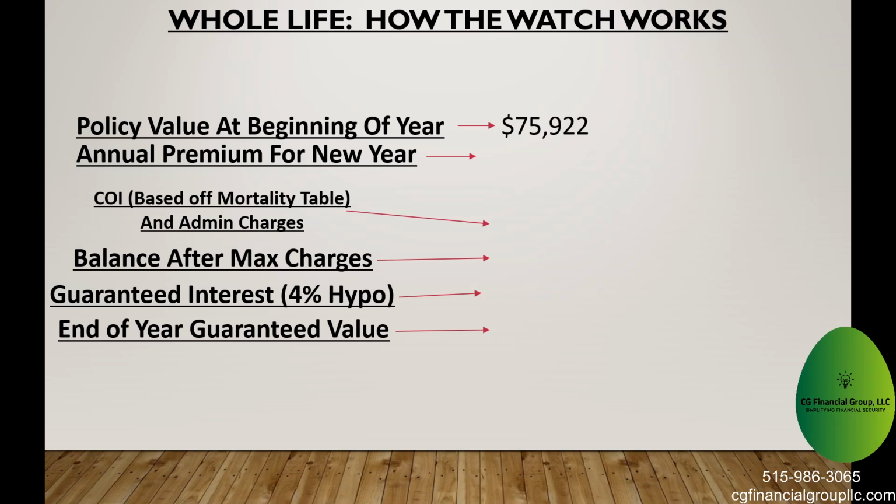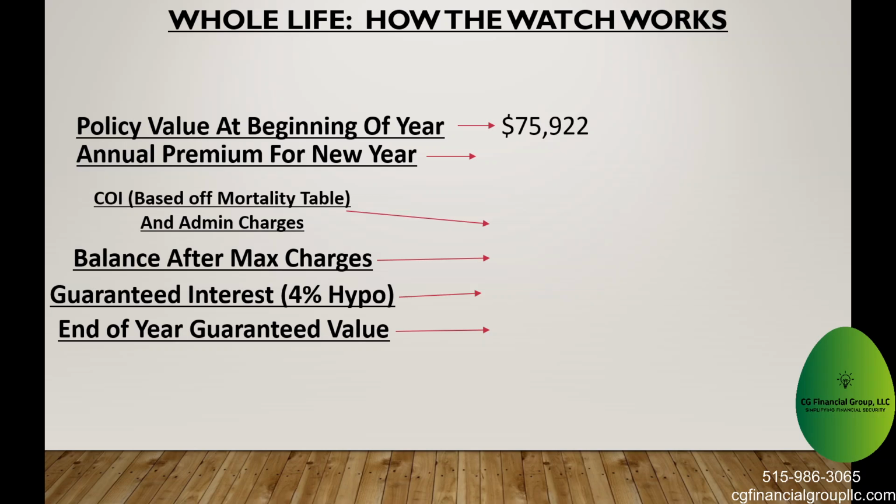The debits are very conservatively high cost of insurance charges and administrative charges, right? The insurance company needs to keep their lights on. Those are admin charges. The insurance company has to charge for mortality, right? Those charges are astronomically high.